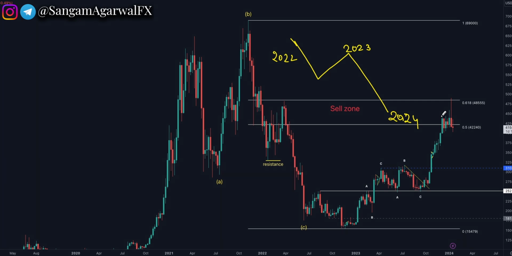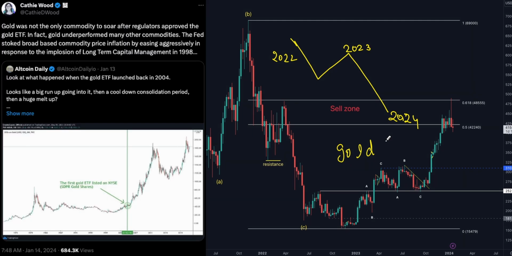Another propaganda for the Bitcoin ETF is that they say you buy a Bitcoin ETF same as gold. Gold started a new bull market when they announced the ETF. I think Cathie Wood did a great job explaining the fundamental reason why the gold ETF was very successful.